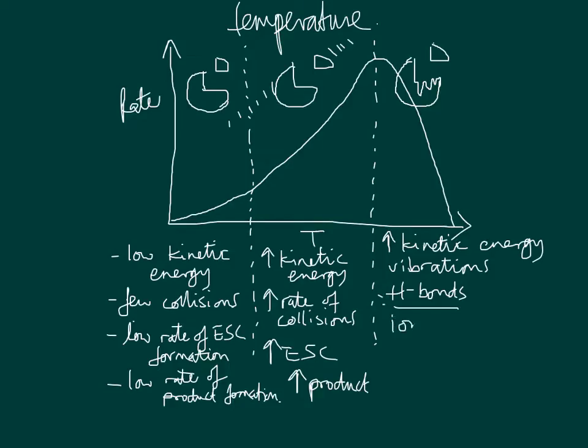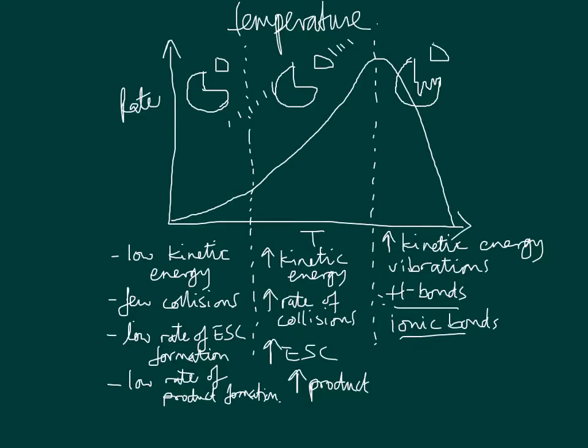Ionic bonds. They are stronger than hydrogen bonds, but if you give enough energy, they will eventually break as well. The bonds that don't break due to temperature in a protein are the disulfide bonds. So the more disulfide bonds you have, the more resistant the protein will be to denaturation.